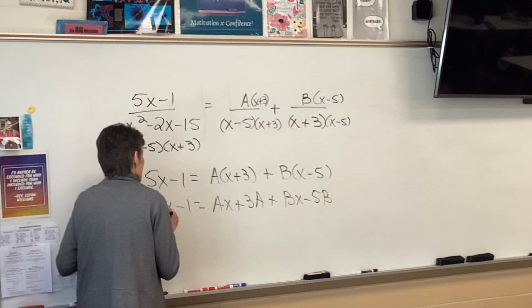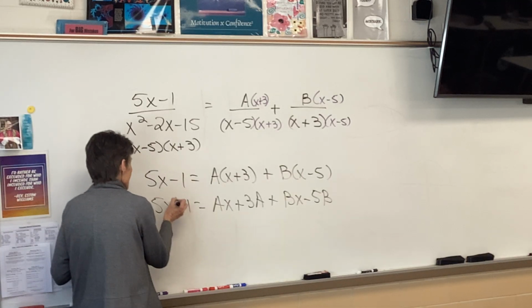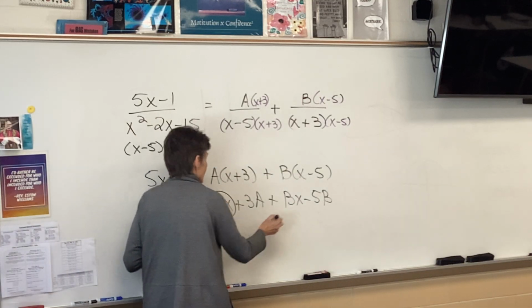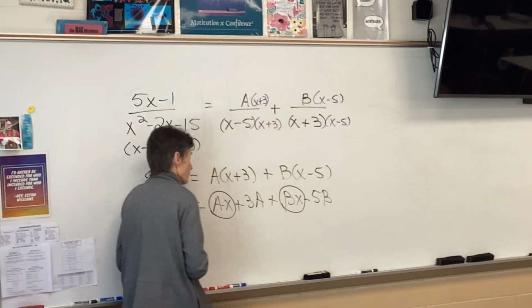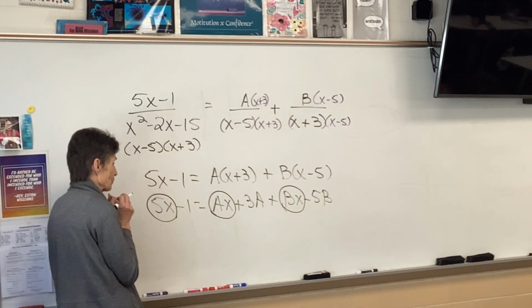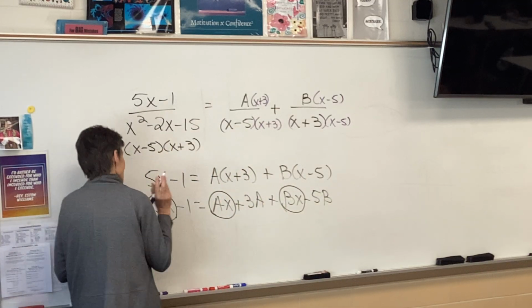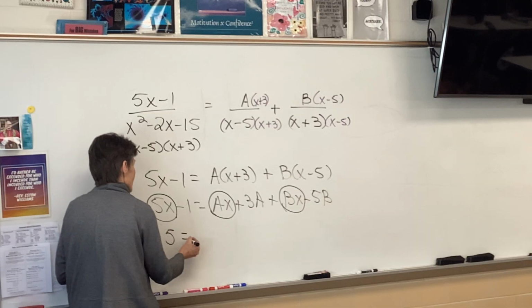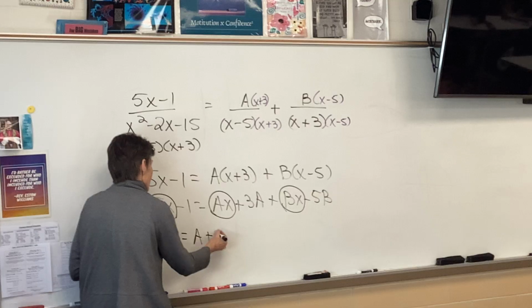Well, this is an x, this is an x, and this is x. Does it make sense that 5 would have to equal a plus b?